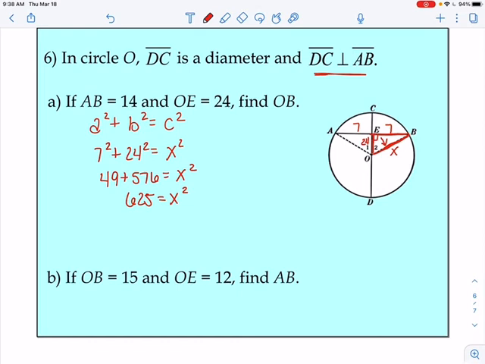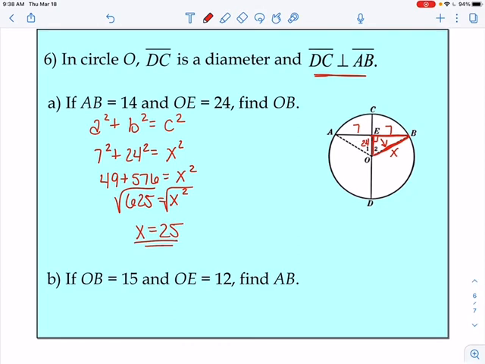Again, the opposite of squaring something is to take the square root. So we're going to take the square root of both sides. And it just so happens that 625 is a perfect square. When you take the square root of it, you should get an answer of 25. So 25 is going to be your answer there. I don't need to plug anything in. It was asking me to find the length of OB. That is OB. I'm done.